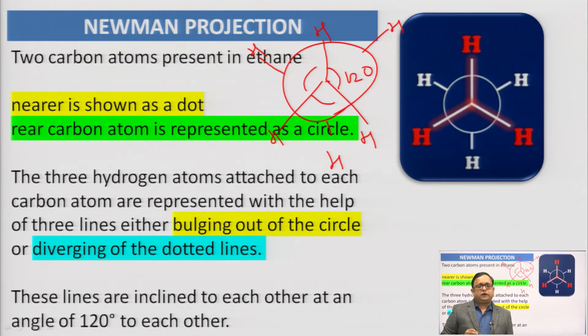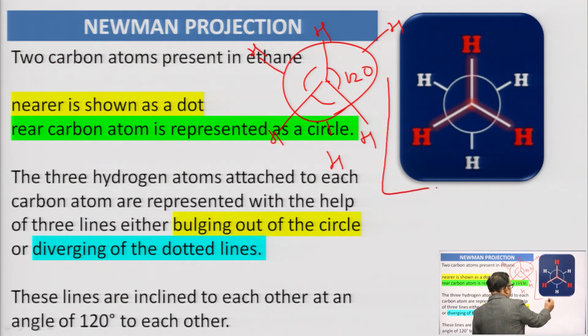In this, the front carbon is represented as a dot and the rear carbon is represented as a circle, and the 3 hydrogens attached to each carbon atom are represented with 3 lines, either bulging out of the circle or diverging from the dot. These lines are inclined to each other at an angle of 120 degrees. So, this is the overall representation of a Newman structure.